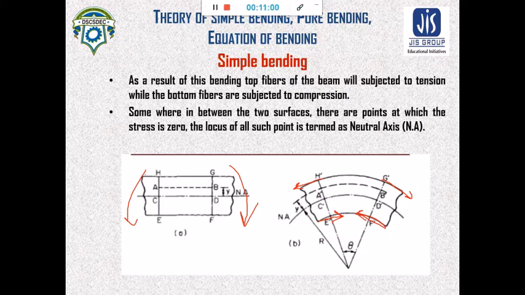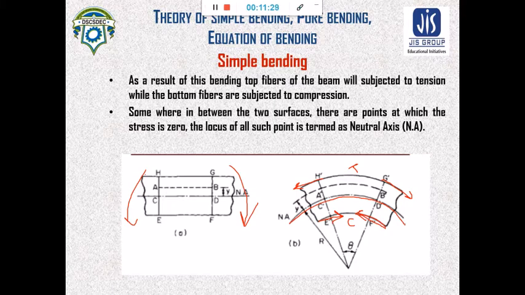See here, in between the fibers in tension and the fibers in compression, there is a portion where there is no stress. That portion is neither in compression nor in tension.